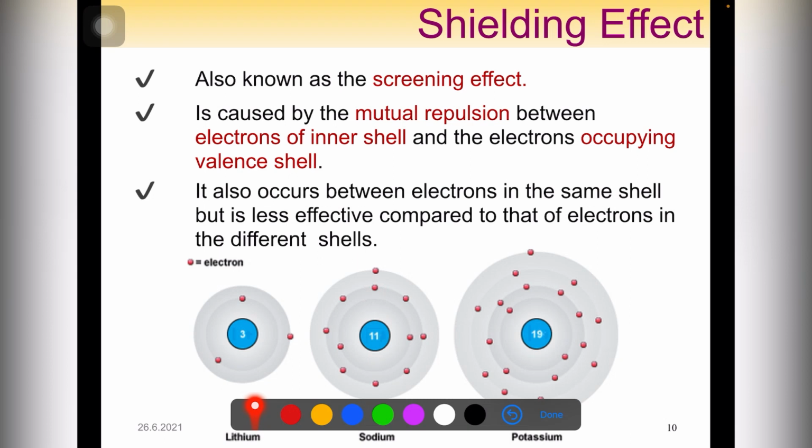Negative and negative, there will be repulsion. This causes mutual repulsion between the inner electrons. But the repulsion between electrons in the same shell is less effective compared to electrons in different shells. Electrons in different shells cause more repulsion compared to electrons in the same shell.